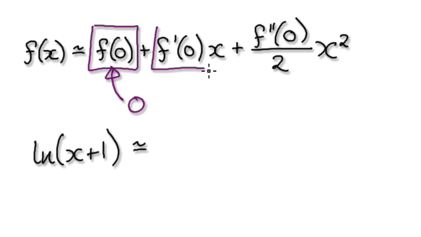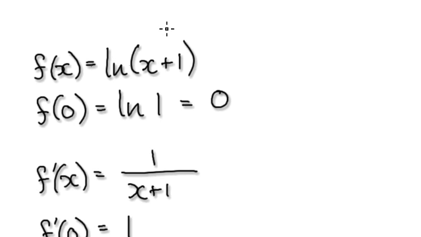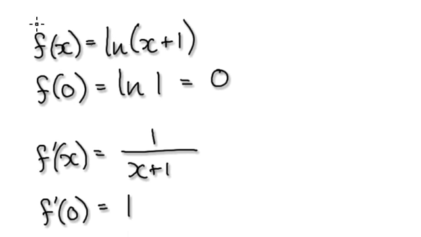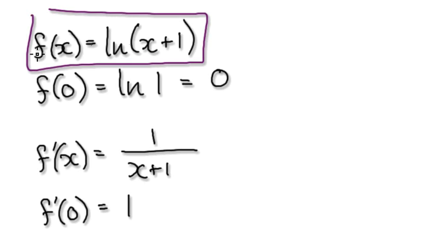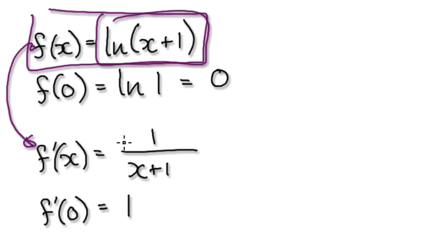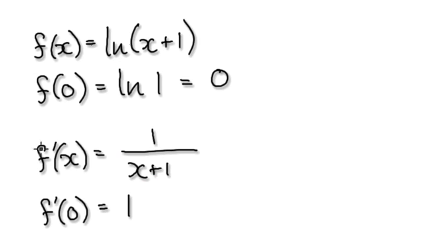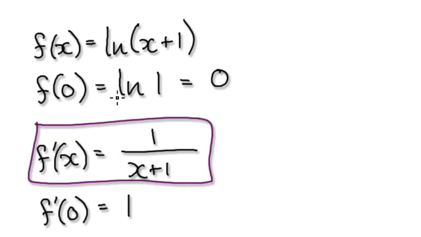So this box here will be 0 later on. Now we need to evaluate the first derivative. Given this, differentiate it once, and that will give you your first derivative. When you differentiate this, it will give you this. Now evaluate it at x equals 0, meaning you put 0 into here.